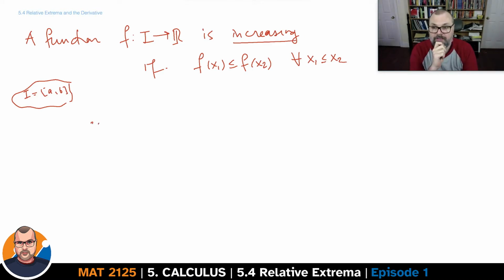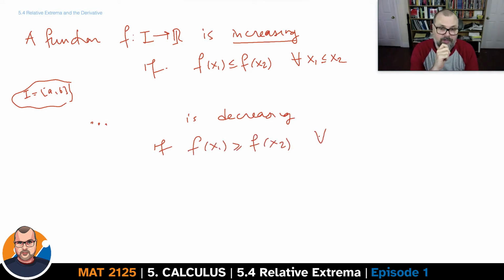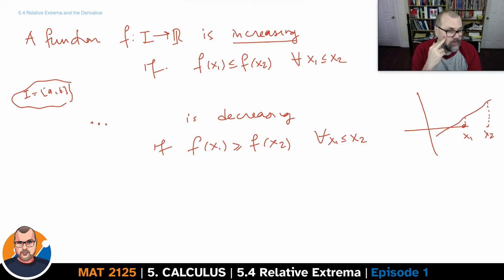It is similarly decreasing if f at x1 is greater than or equal to f at x2 for every x1 smaller than or equal to x2. You remember this from calculus, but also looking at it, here's an increasing function, f at x1 is smaller than f at x2, and it's decreasing the other way.